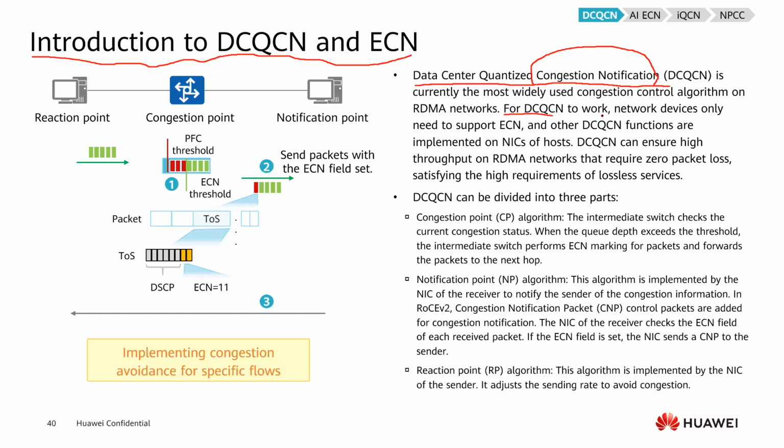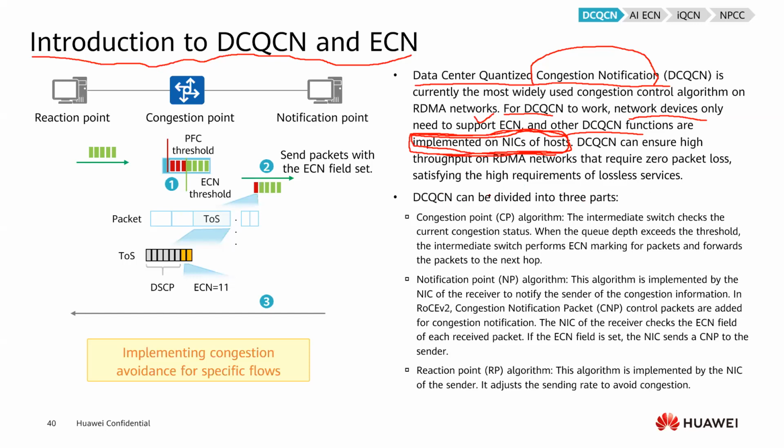For DCQCN to work, network devices only need to support ECN, and other DCQCN functions are implemented on NICs or hosts. Okay, this is very important. Many functions are implemented on the NIC or host, and the network device only needs to support ECN.